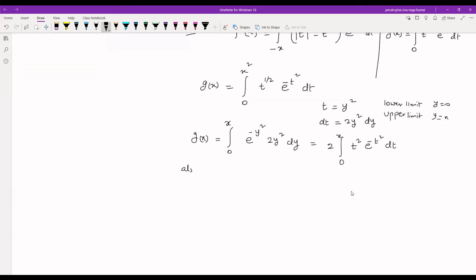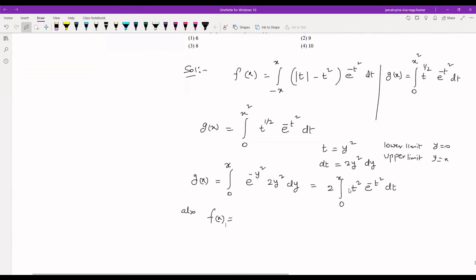And also we'll consider f of x. Take a look at how f of x was mentioned. Mod t, if you take double this value, then minus x to plus x, the limits become 0 to x, because we double that integral value. And 0 to x is a positive quantity, so mod t becomes t, and then minus t square and e power minus t square dt.